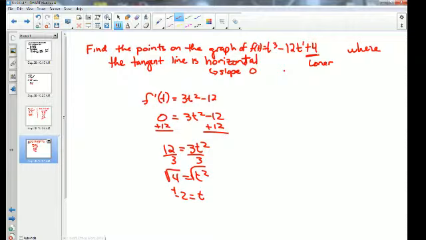And the derivative of the constant is 0. Then it's a 12. This is a constant. There's no t, no variable. The derivative of a constant is 0. Actually negative 12.